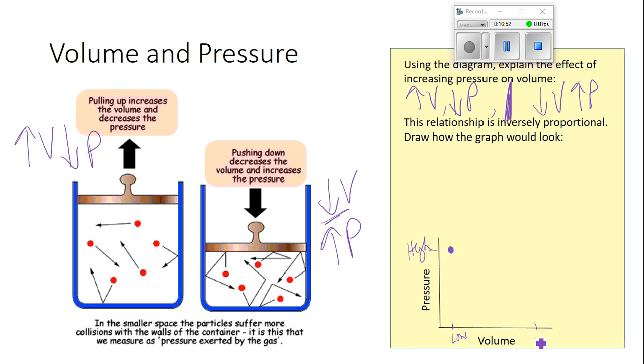And over here I had a high volume, so I want to have a low pressure. So this graph ends up looking like this. This is called inversely proportional. And so pressure and volume have an inversely proportional relationship. As one goes up, the other doesn't go up. It's not directly proportional. It's inversely proportional. As one goes up, the other goes down.